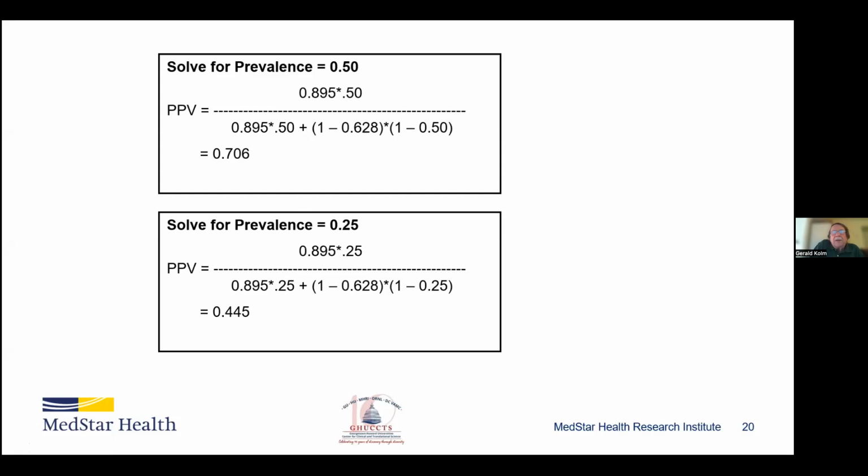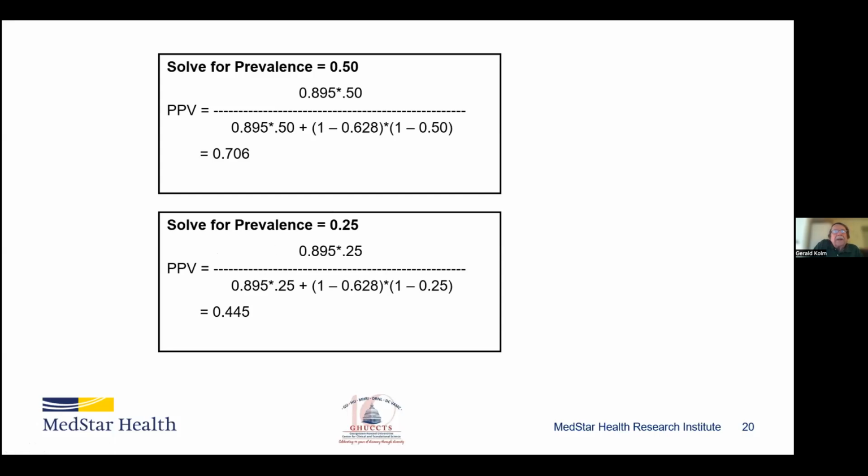And I haven't gone through the example here, but you can see that if the prevalence decreases in particular samples, our negative predictive value is going to increase.